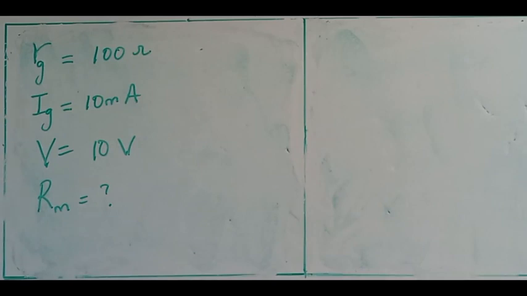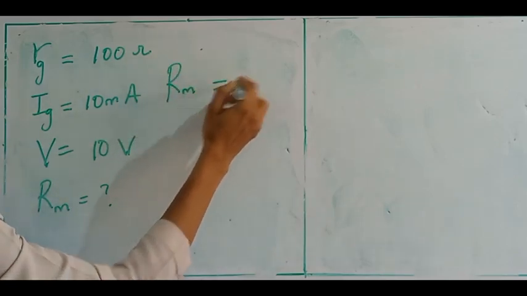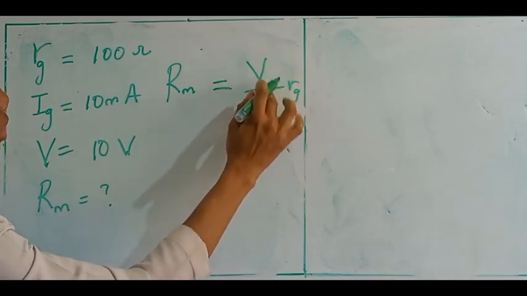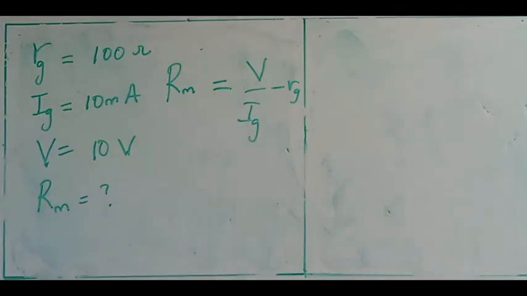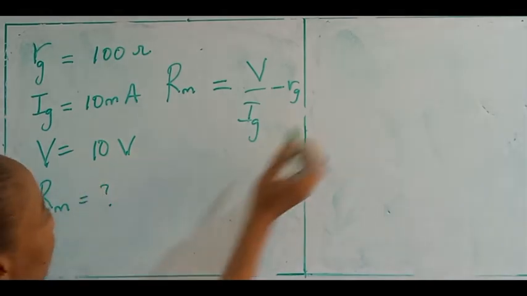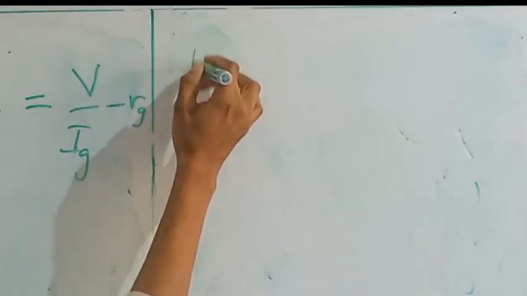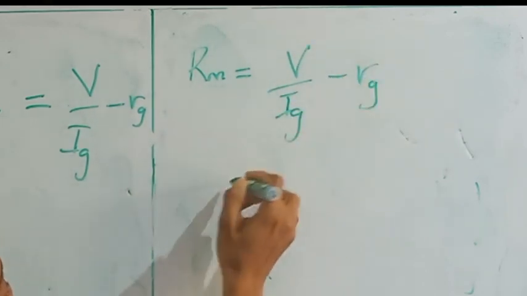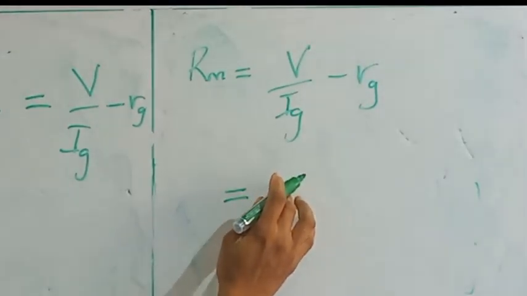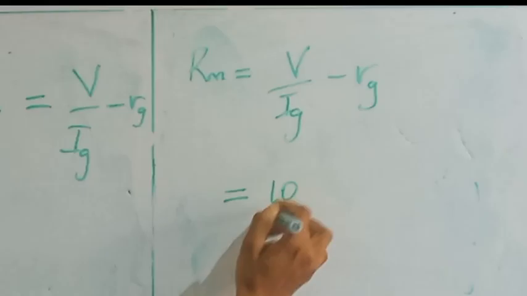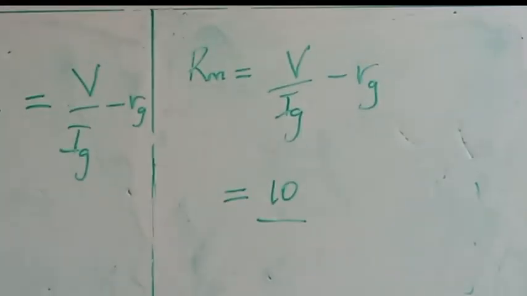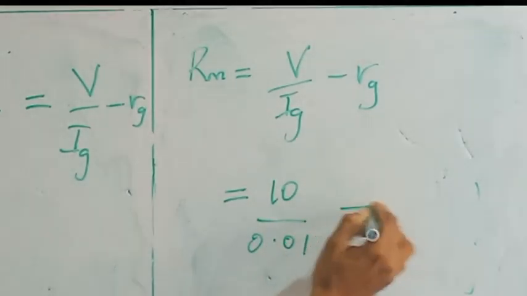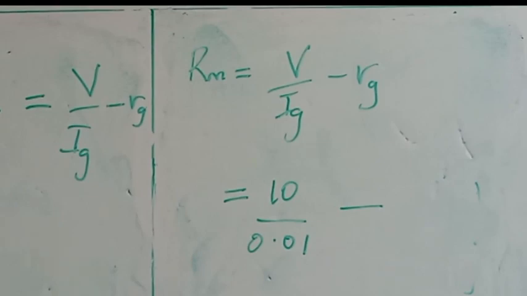Remember the formula we derived, that Rm is equal to V over Ig minus Rg. Please don't forget it. So we have V, which is 10, over Ig, which is 0.01 amperes, minus Rg, and Rg is 100.